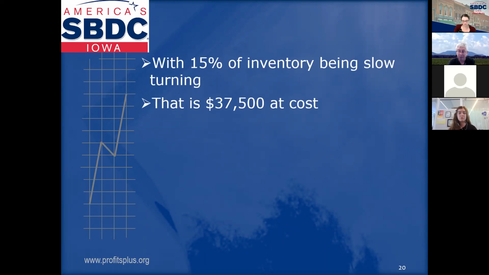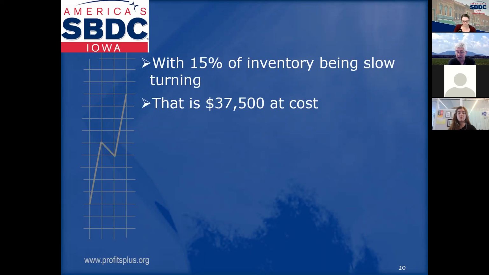Remember the story about the person who takes the glass jar or the tin can and puts their money in it and goes out and buries it in the backyard? And we laugh at those two situations and say, hey, you need to invest that money. Okay, if 15% of this $250,000 of inventory is sitting there doing nothing, we're doing exactly the same thing.